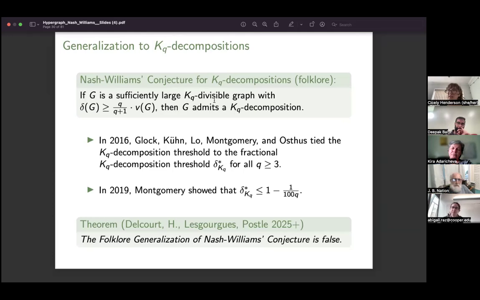But I would argue that it's still quite important to make progress on the KQ and fractional KQ decomposition thresholds. It turns out that many decomposition problems are tied to these thresholds, so these values affect the threshold for other problems beyond just KQ decomposition. So I would argue that it's important to find another generalization. It's important to dig towards the correct number, but we were not brave enough to posit what that number would be. Fair enough.